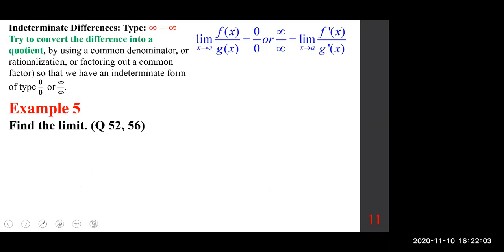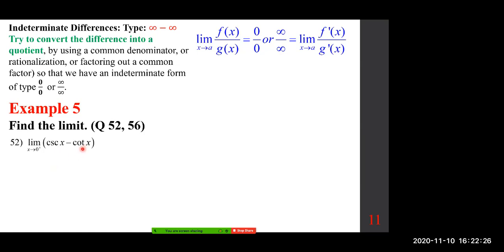And to take care of the business, ultimately, we can only use L'Hopital's rule if we go with what? 0 over 0 or infinity over infinity. And so many times taking a common denominator will do the job. So let's look at this one, for example. Cosecant x, remember cosecant is 1 over sine.